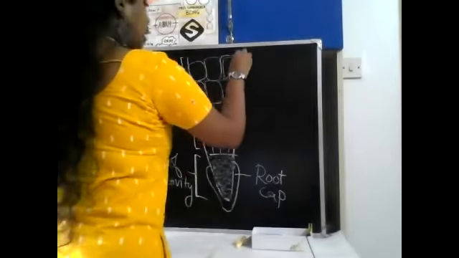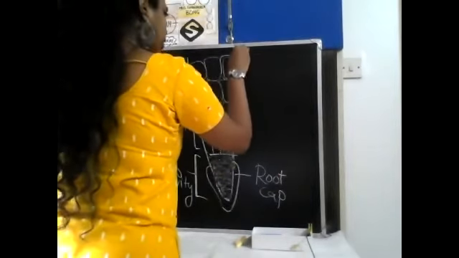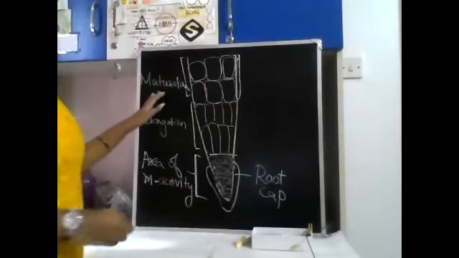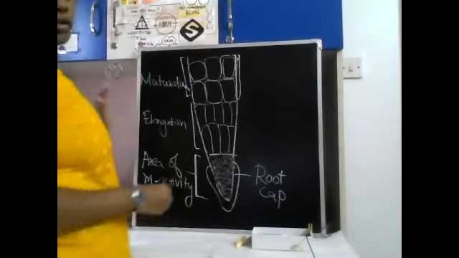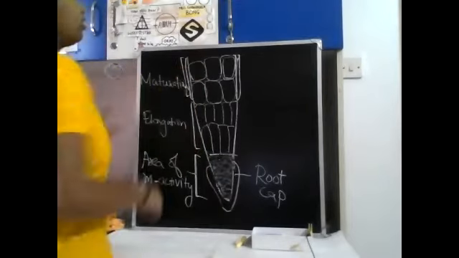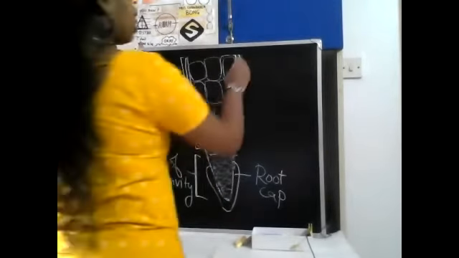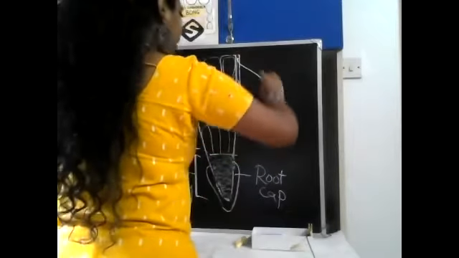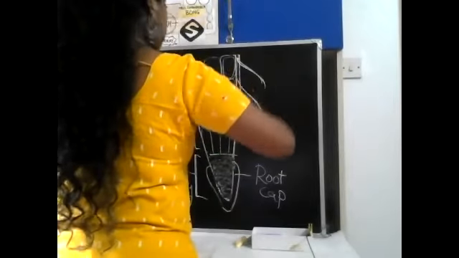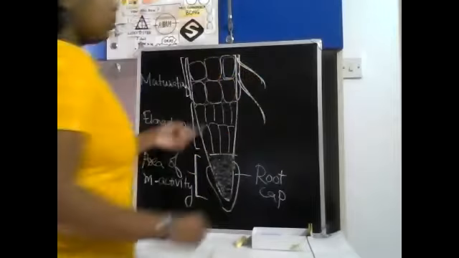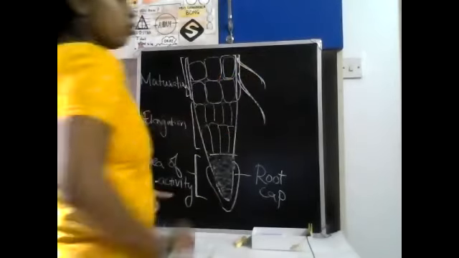So in the epidermis of this area of maturation, okay, on both sides, there is this epidermis, and this epidermis shows the growth of thin structures, okay, and we call these as root hair.